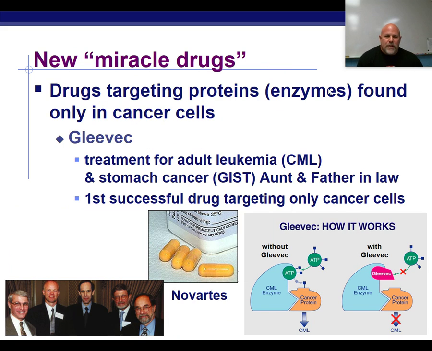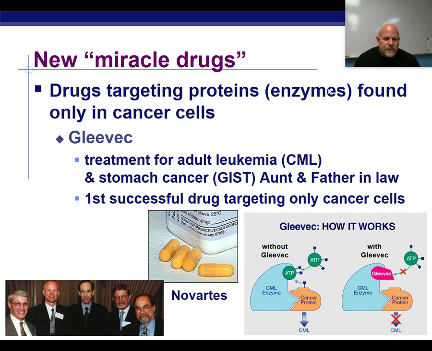Some of the newer drugs, we call them miracle drugs because they can pinpoint certain types of cancer, just go after specific receptors involved in the cancer production process. The first one that we found was Gleevec, and it basically stopped people from getting a certain type of leukemia.